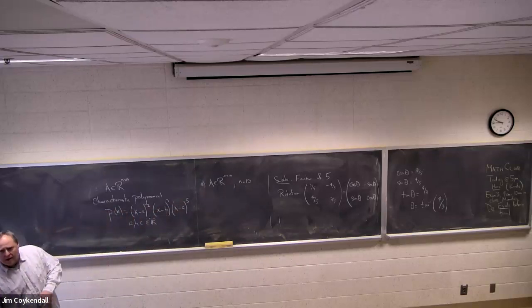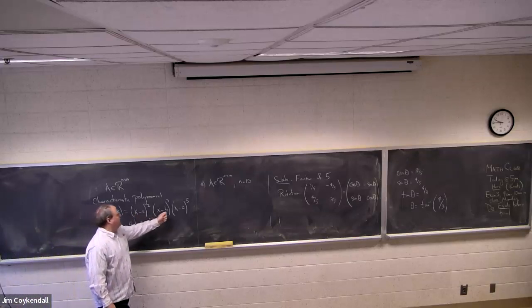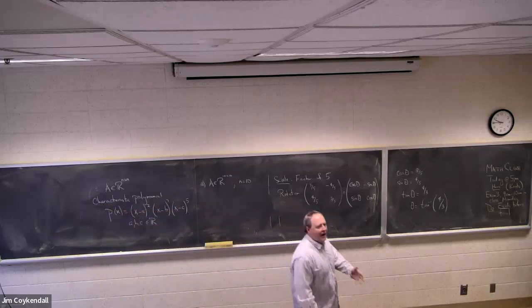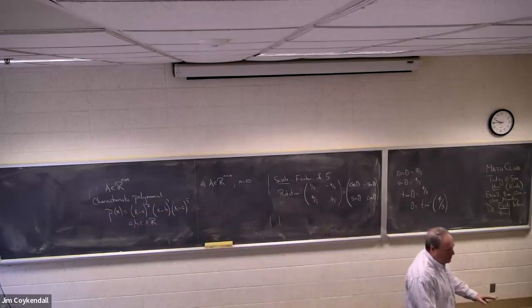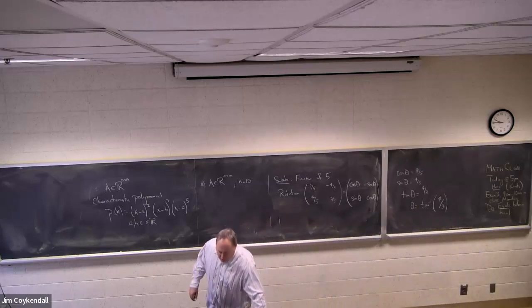You have 10 roots, if you count multiplicity. The degree of this polynomial is 2 plus 3 plus 5, which is 10. The degree of the characteristic polynomial is the size of the matrix. Is everybody okay with that? Okay, next question.